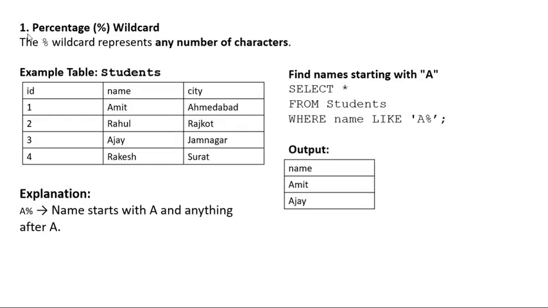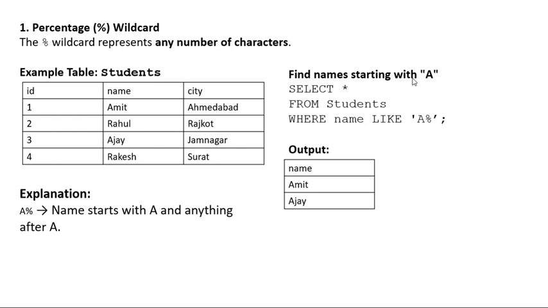Let's check them one by one. First is the percentage wildcard, which represents any number of characters. The student table has ID, name, and city.